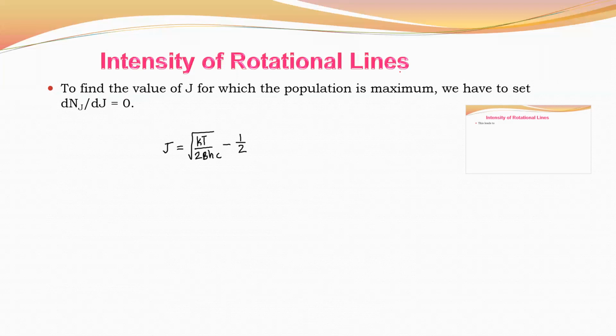If a function f of x has a maximum, then df divided by dx must be equal to 0. In a similar way, for the population nJ to be maximum, dnJ by dJ must be equal to 0.